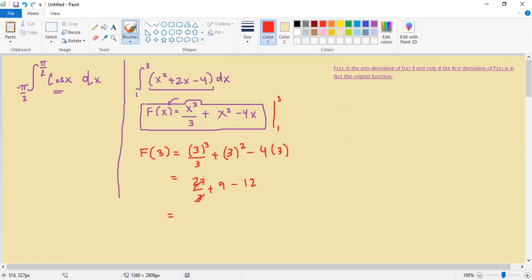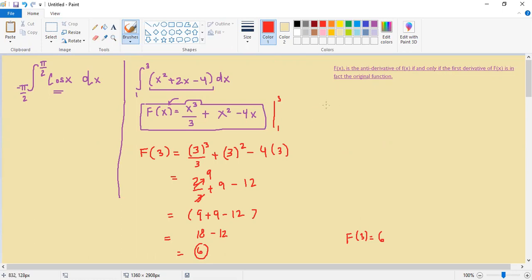And this would simplify out to being 9 itself. So we would be left with 9 plus 9 minus 12, which is 18 minus 12, which would be nothing but 6. So let's make a small note off to the side that our f of 3 is in fact going to be equal to 6.